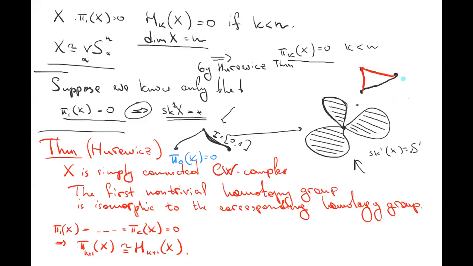Okay, and the question is, why is the loop here contractible? Well, this is because pi1 of X is 0, because every loop in your space is homotopic to the constant map. Yeah, so it's homotopic, but not contractible.